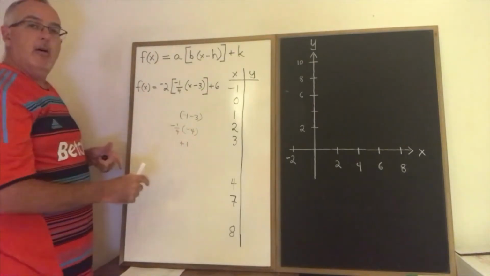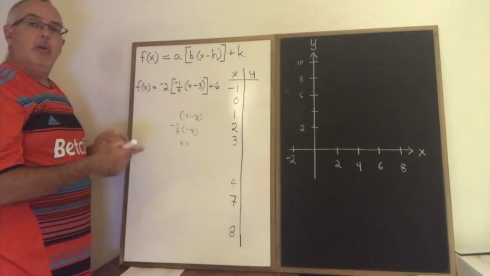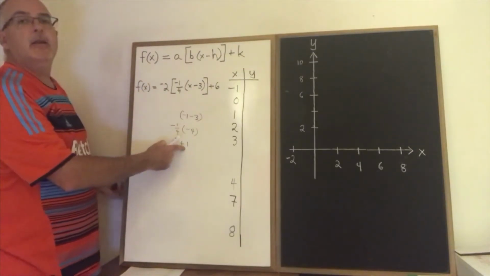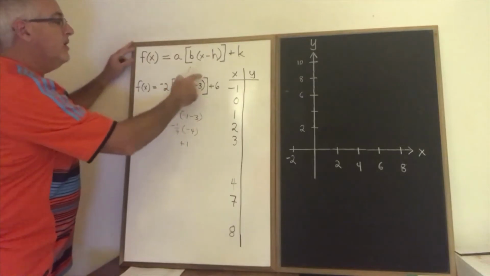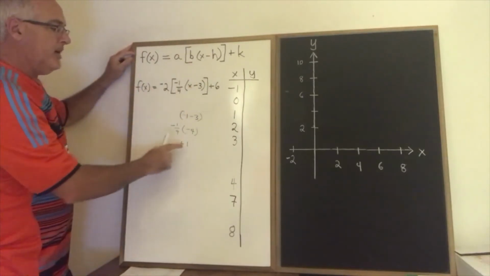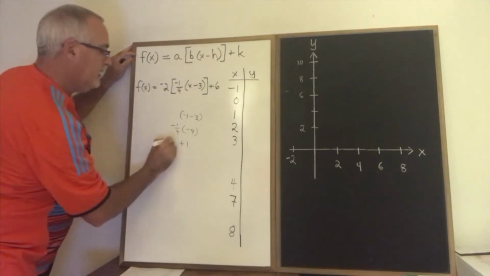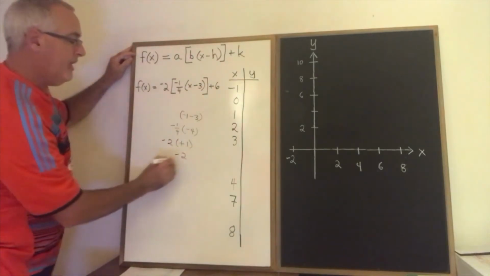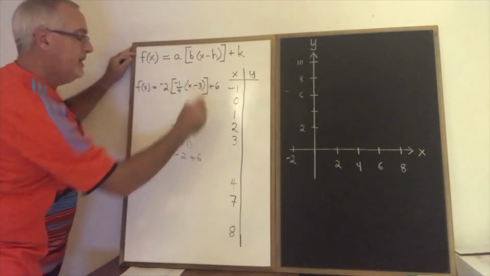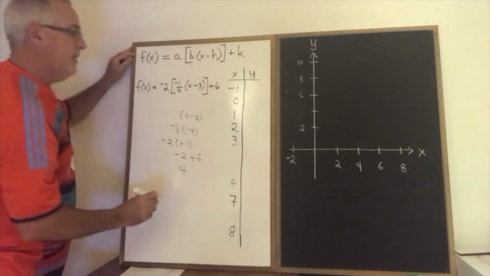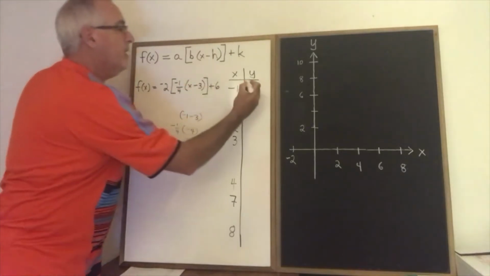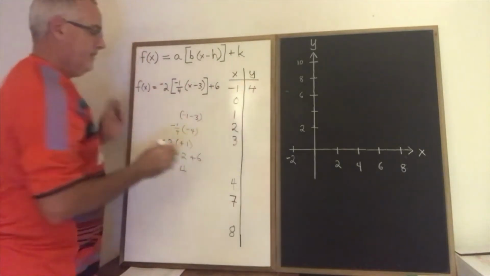And then I apply the meaning of the square bracket. What is the greatest integer less than or equal to 1? And it is 1. So the entire portion, including the square bracket, is equal to 1, which is then multiplied by -2 to give -2, and then we are adding 6 to it, and we get 4. Once I go through this process with x equal to -1, I get y equals 4.